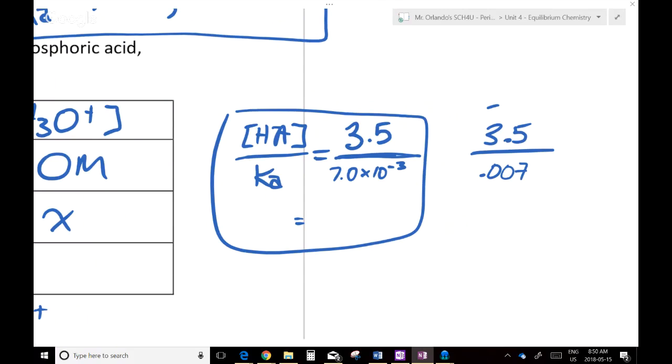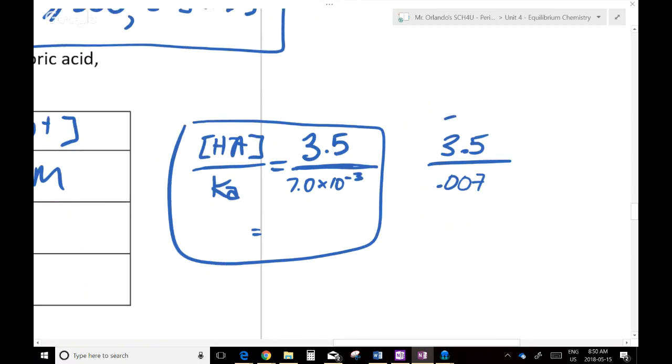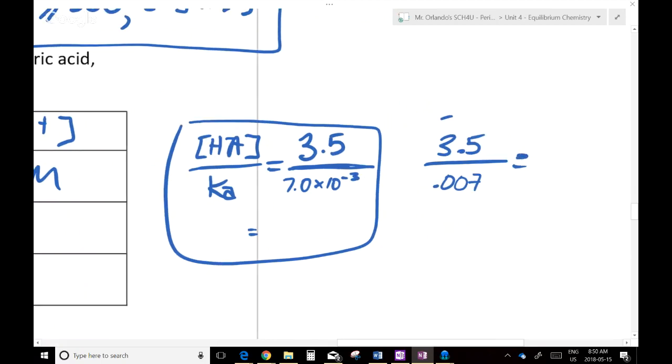Try it again, because my instinct tells me we should get a really big number, because we're dividing by a really small decimal. That should be down here, 7.0 times 10 to the negative 3. Use the first Ka, because we're using the Ka for H3PO4. But your process is good. And what do we get?